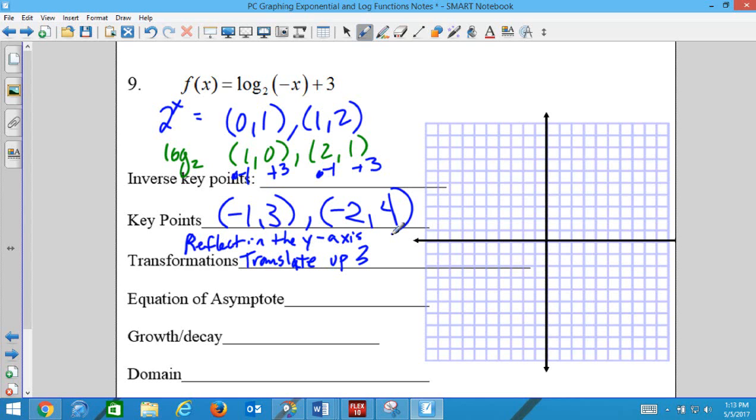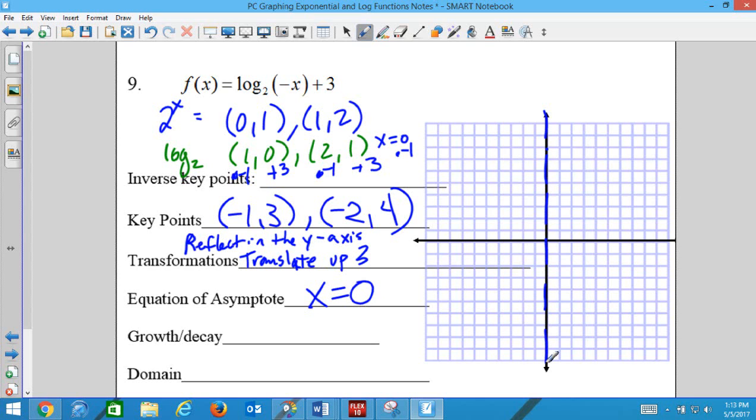The asymptote of the parent function would be x equals 0. But did I do anything to my x's? I multiplied by -1. So I have to do that to the asymptote also. But it's still 0, right? The only time we'll change our asymptote for logarithm functions is if there's a translate left or right.